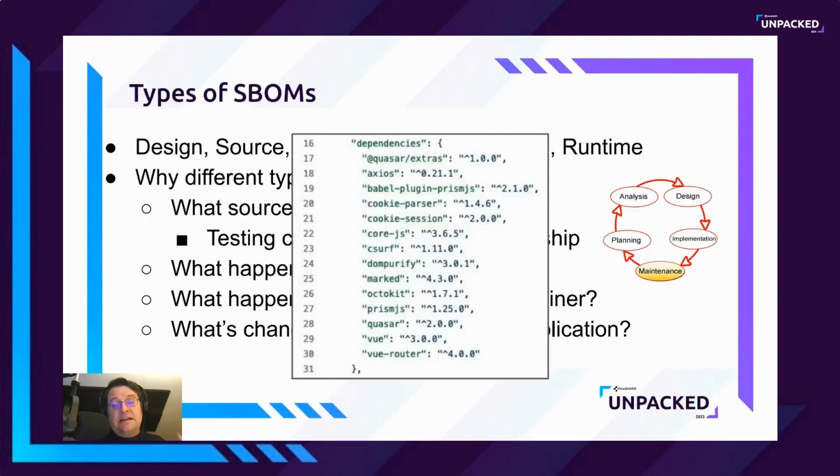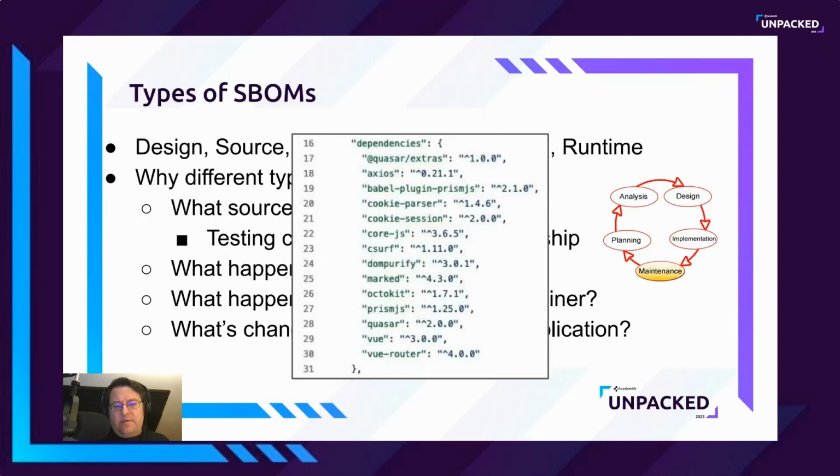How has it changed? And it gets even more complicated because if we look at this picture, for example, we see the very first thing, Quasar Extras 1.0.0, right? We might think 1.0.0 is getting installed in our application, but what that little caret sign actually means is it says you can install any version of this package from 1.0.0 up to 2.0.0, but you can't install anything in the 2.x series.